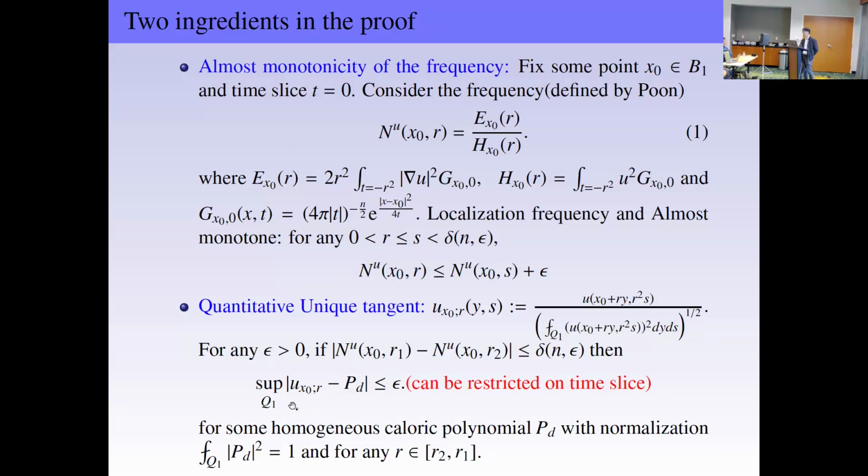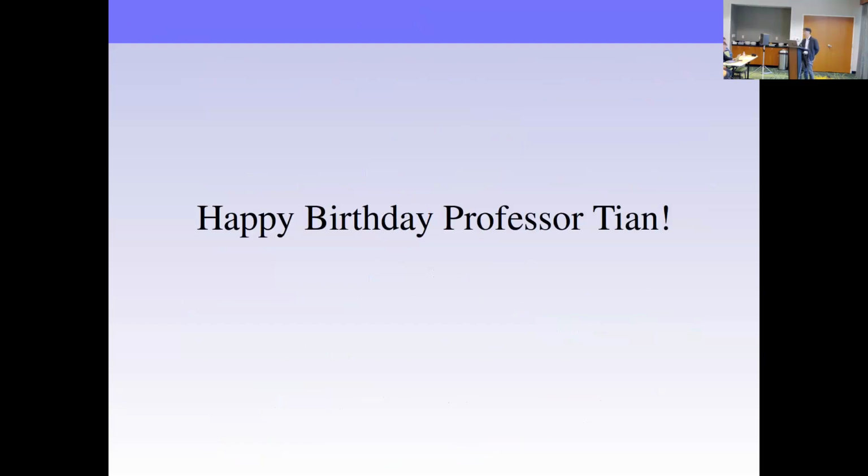And also, the estimate can be lifted to the time slice. This estimate is a pointwise estimate. After lifting to the time slice, we can use this estimate on time slices. After we get this, we can use a covering computation and other arguments. We will prove the theorem. I will stop here.